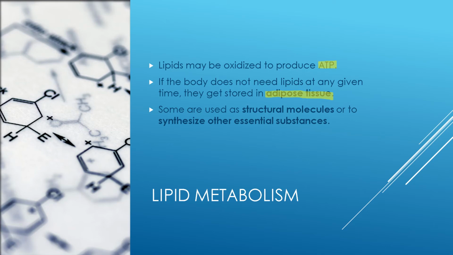A few lipids are used as structural materials or used to synthesize other essential substances. Some examples of these structural materials would be things like phospholipids in the cell membranes, lipoproteins, and even the myelin sheaths around neurons are also where we use lipids.